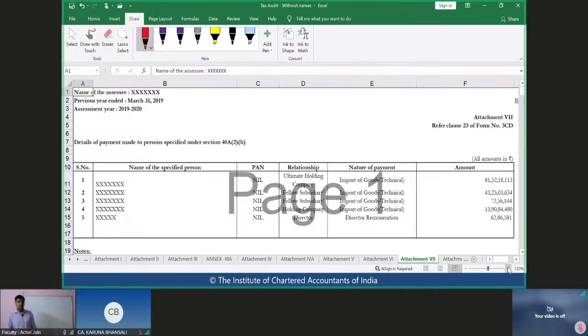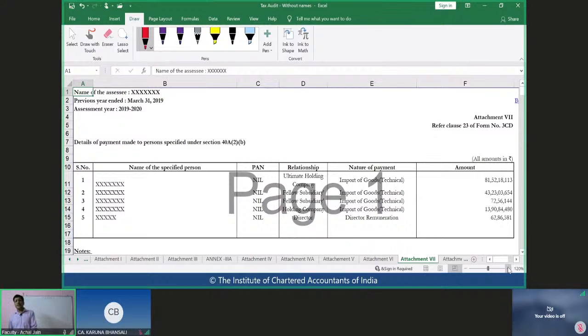Then the transaction with that specified person is required to be explained, meaning the description and nature of that transaction should be given. So it may be about import, export, rendering of services, or remuneration, like you see on the screen right now. So this transaction could be of any type.